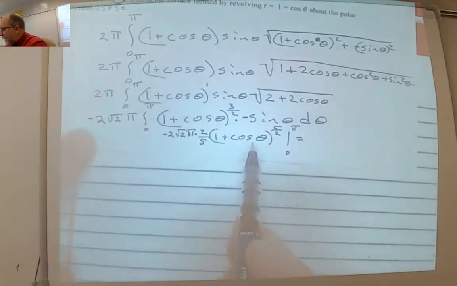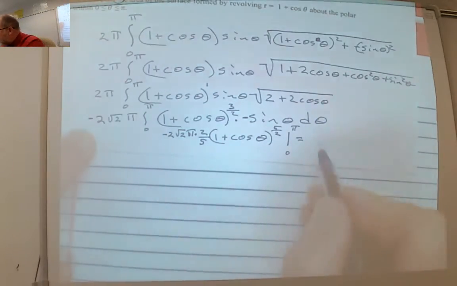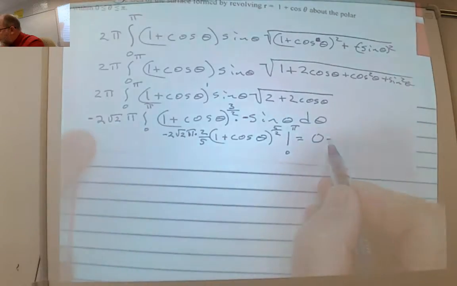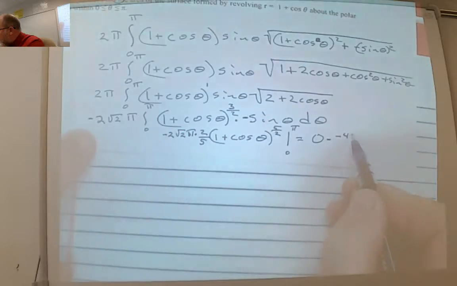So if I plug pi in here, what do I get? The cosine of pi is negative 1. So it becomes what? 0. Minus a negative 4 square root of 2 pi over 5.